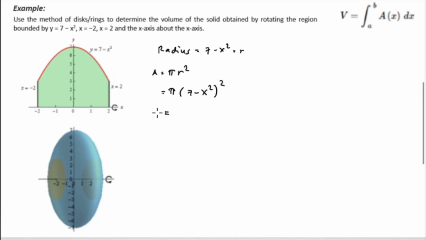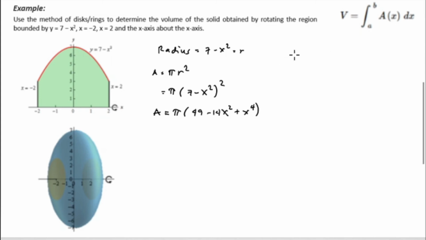And then we simplify. So this is pi, 7 times 7, it is 49. 2 times 7 times negative x squared, it is negative 14x squared. And negative x squared times negative x squared, it is positive x exponent 4. And this is the area.